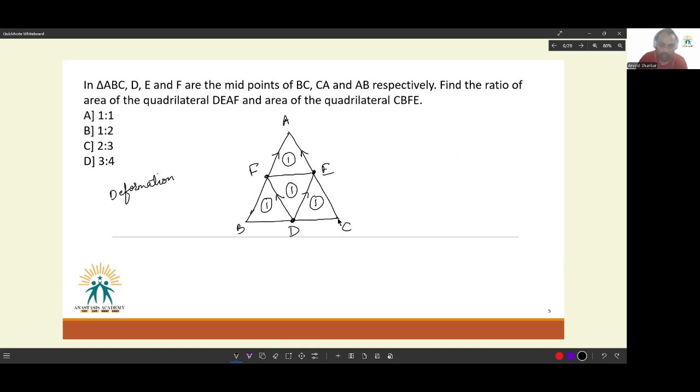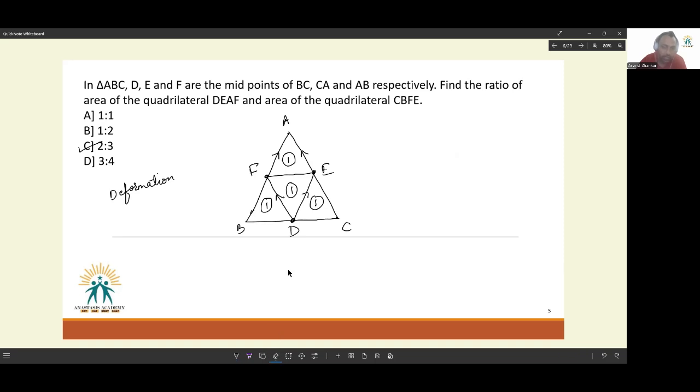Then the area of quadrilateral CBFE, it is 3. And therefore the answer to the question is 2:3. Enabled by simply assuming the area of each of these triangles, simply by assuming that this is an equilateral triangle.